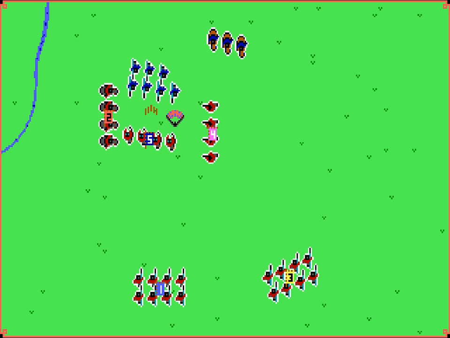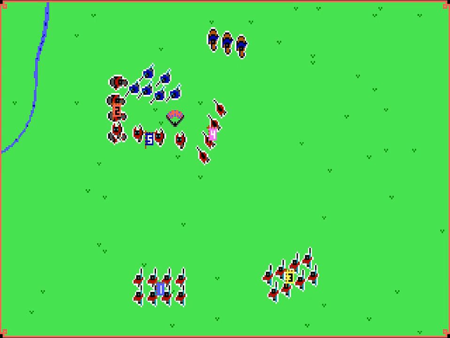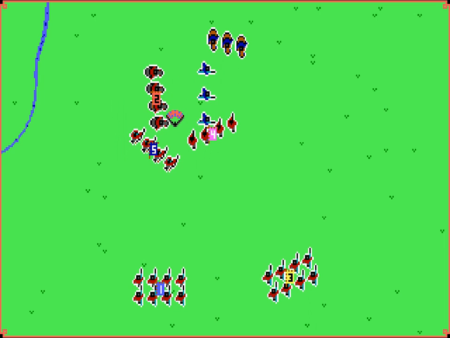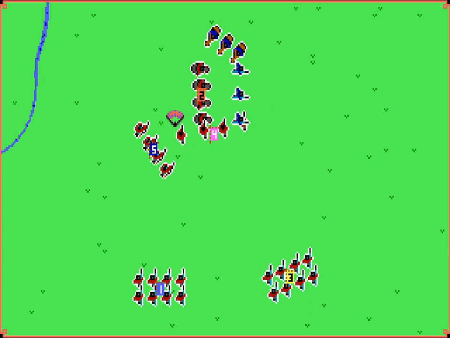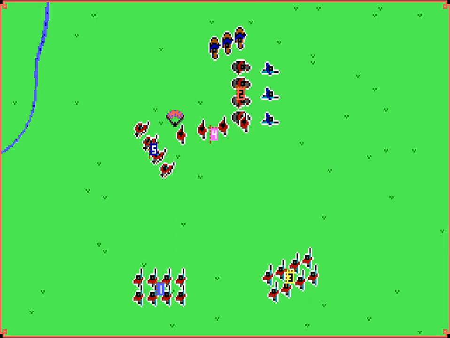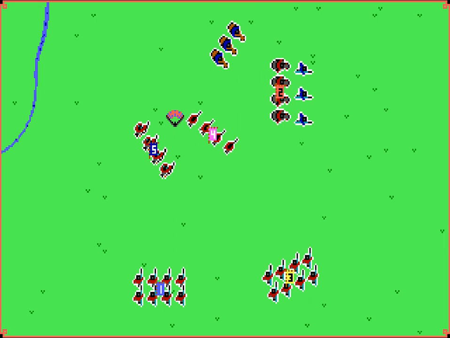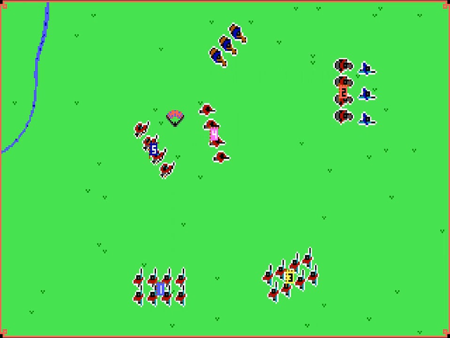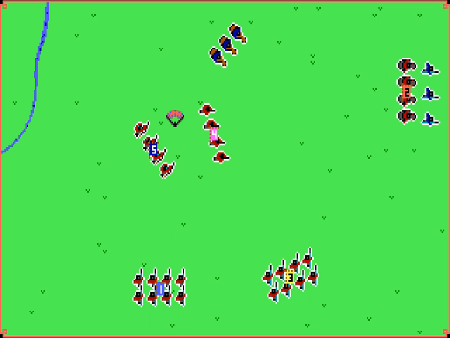Go! Alright, that looks pretty good. And those spearmen are getting chased off of... Whoa! Hold on, guys. You're not retreating, are you? That would be dishonorable.